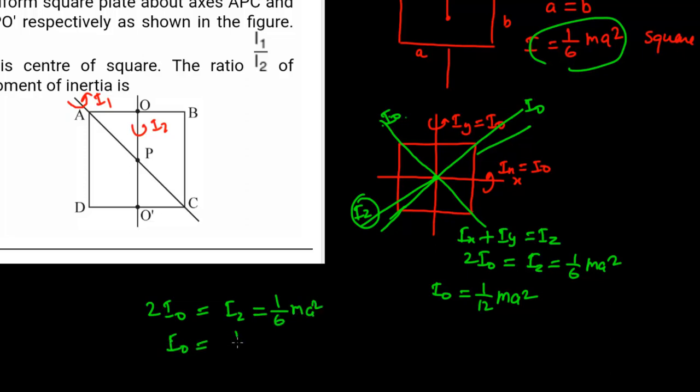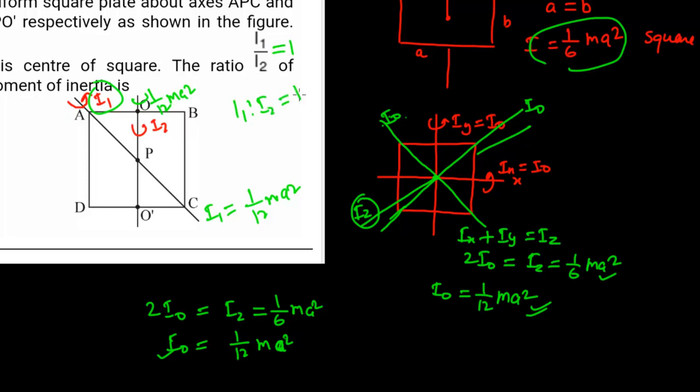So I naught equals 1 by 12 m a square. And this I naught is about the diagonal. So diagonal means I1. So I1 equals 1 by 12 m a square, and this one is also 1 by 12 m a square. So the ratio equals 1. I mean I1 is to I2 equals 1 is to 1. So this is the answer.